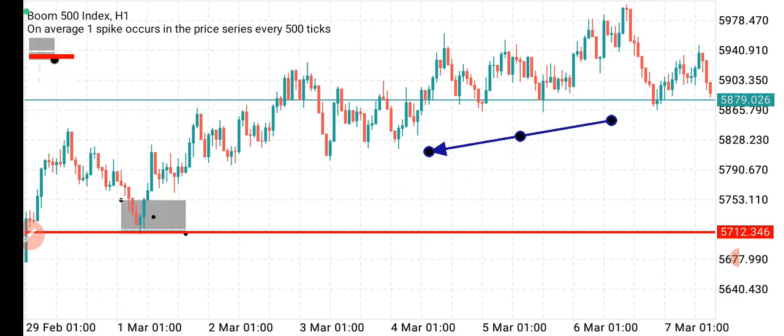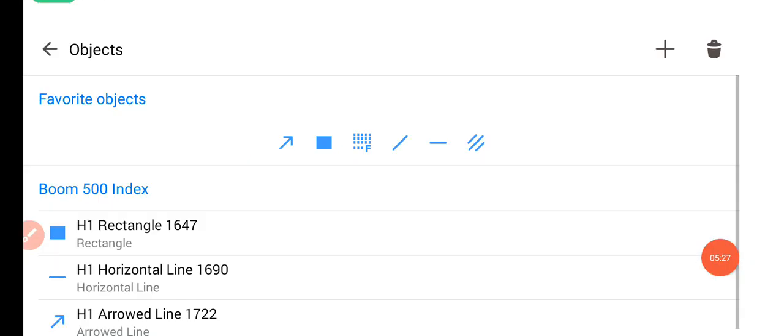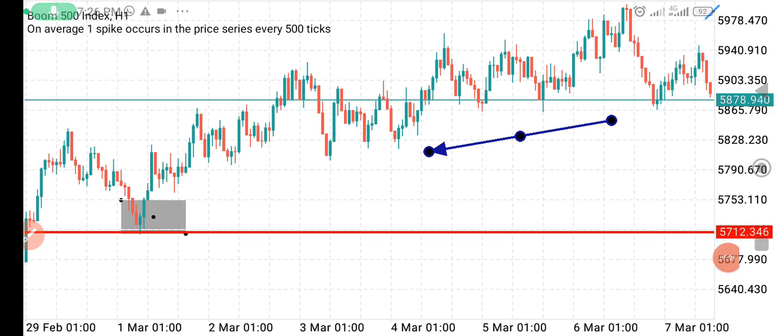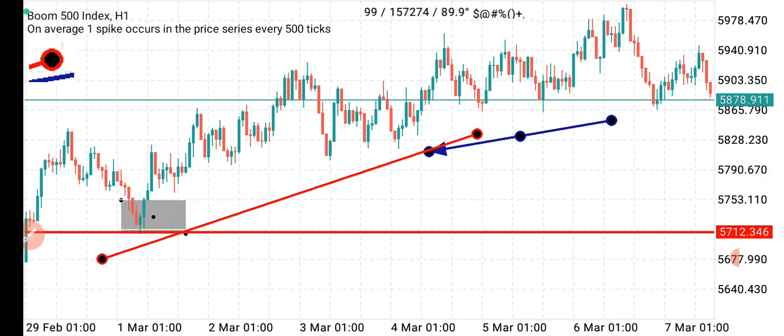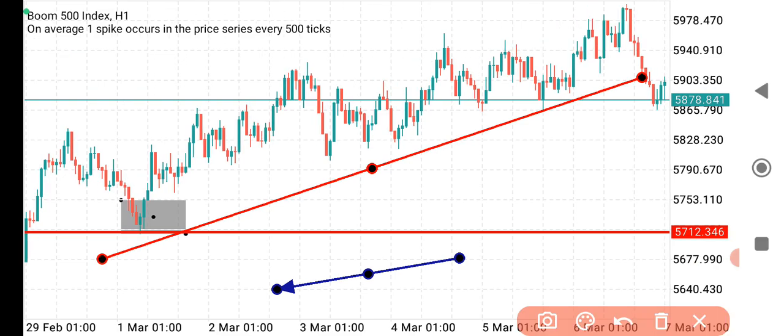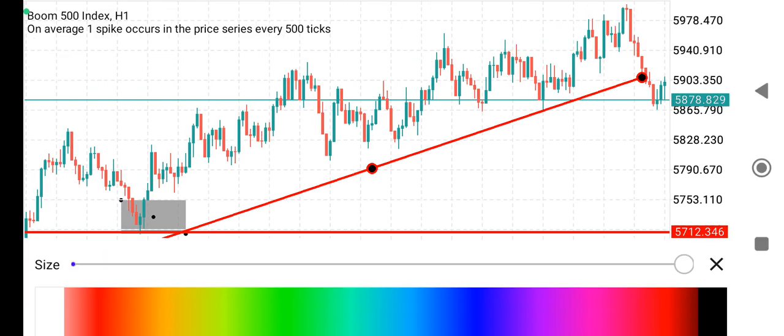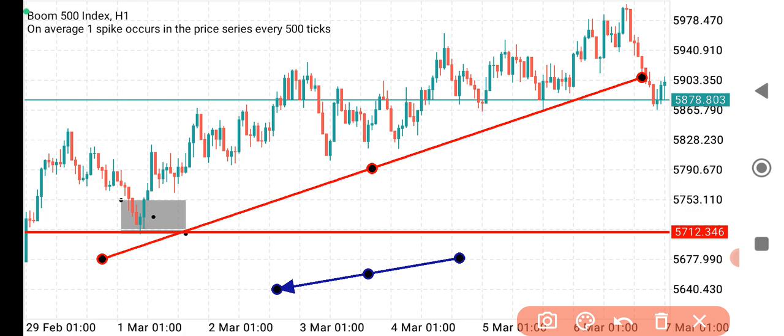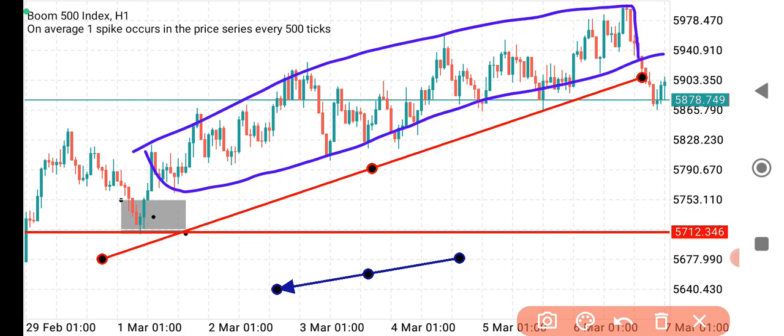So now that we have made our entry, the next thing we need to do is draw your trend line. Remember, as at when we make this particular entry, all this move here is not formed.